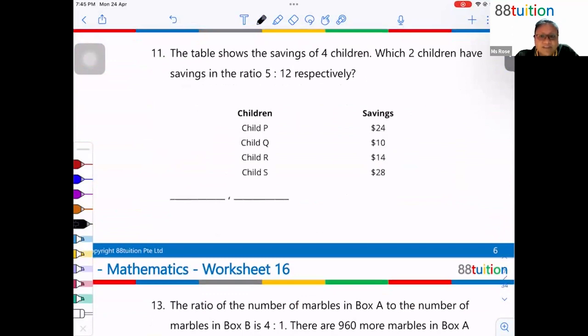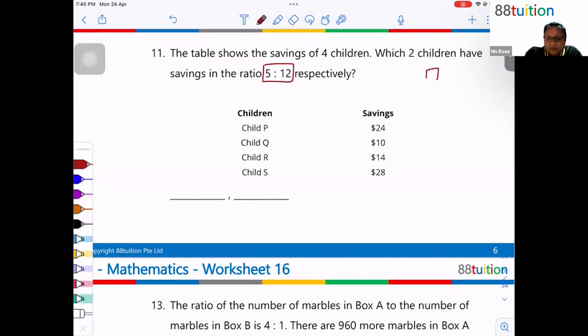For this type of question, if you want to make sure that you take the shortest possible time, because there are 4 options, right? There can be many combinations, am I right? So in order to take the shortest possible, you look at this ratio.